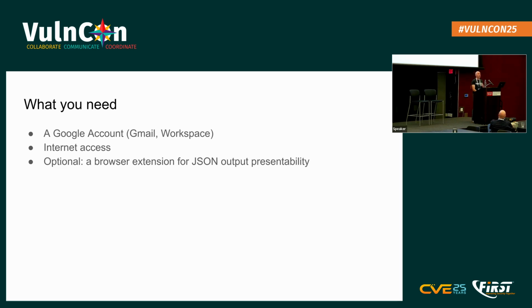Yeah. So if you want to participate live in the audience, you'll need some sort of a Gmail account or workspace account, internet access, which I think we've got sorted. And I'll also talk you through a browser extension that I find in Chrome at least makes the JSON output look a little bit more friendly.